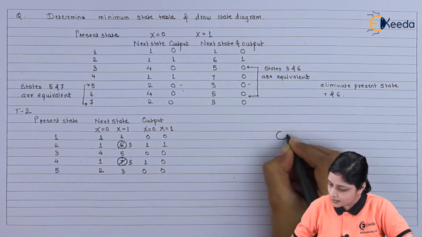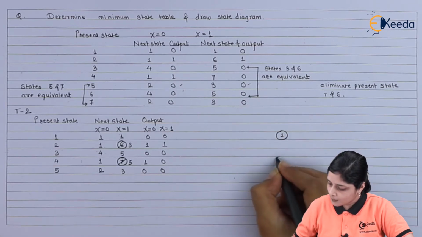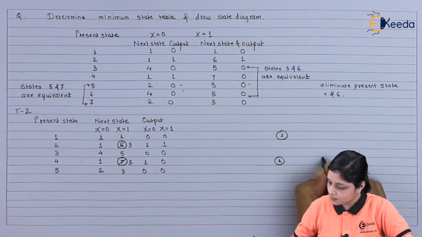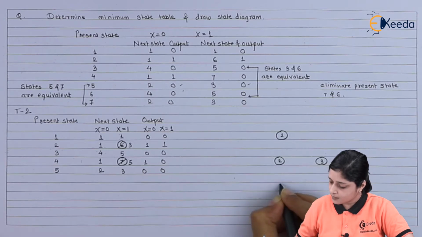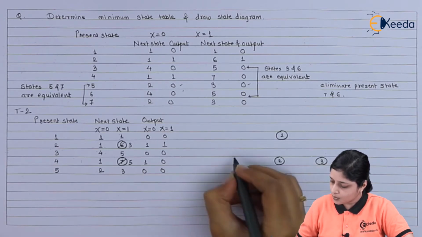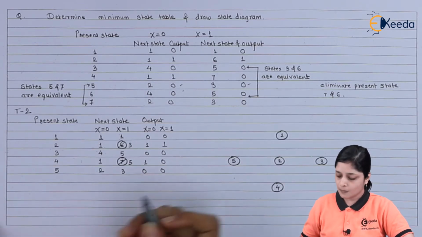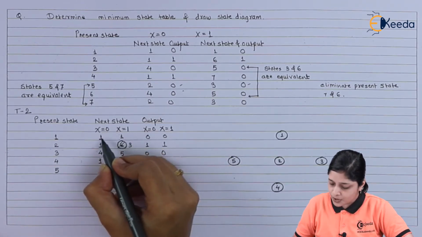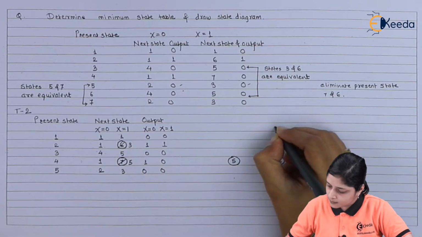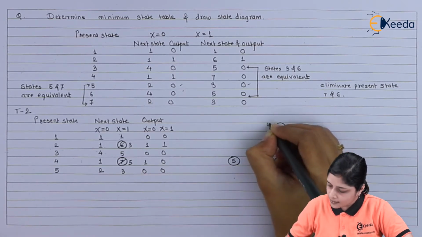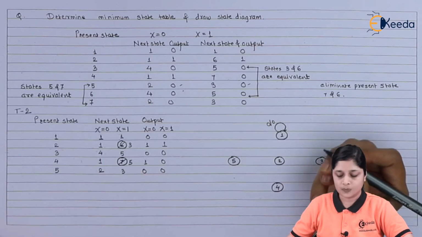This is your state 1, 2, 3, 4, and this becomes your 5. Now for state 1, when x equals 0, the next state is 1 and the output is also 0.